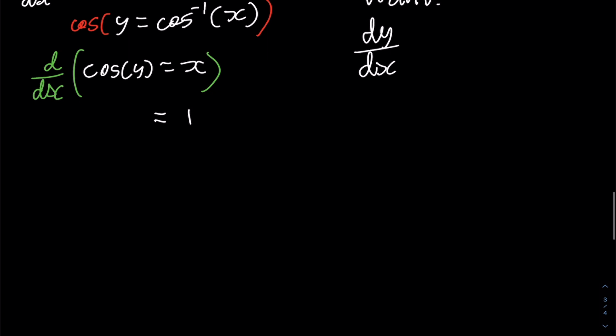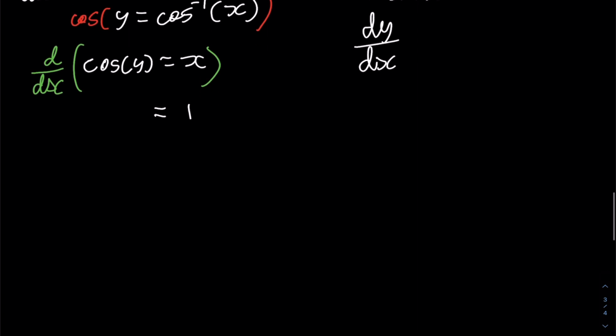In the chain rule, we take the derivative of the outside function, then we multiply by the derivative of the inside function. So the derivative of the outside, the derivative of cosine, is negative sine of y. But remember, y is a function of x, so we multiply by the derivative of y with respect to x, which is dy by dx.